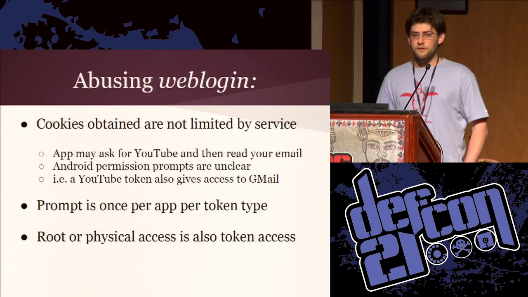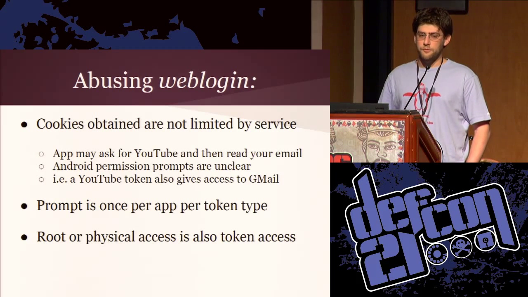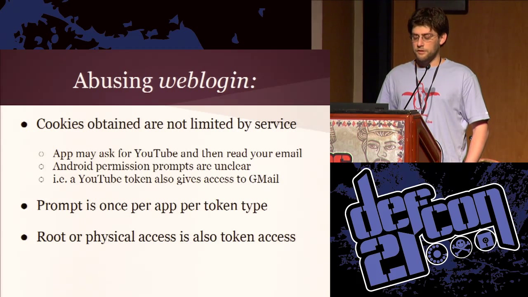So there's some ways that I found that you could abuse this technology. For one thing, as you saw in the previous slide, the token type is requesting a specific service, but when you get the cookies back, these cookies are not limited to any services. It's just as if you had logged in from the web browser pretty much. So although you might be asked for permission to access your YouTube account, the app, or whoever gets the token, is also going to have permission to access your Gmail and your Drive.